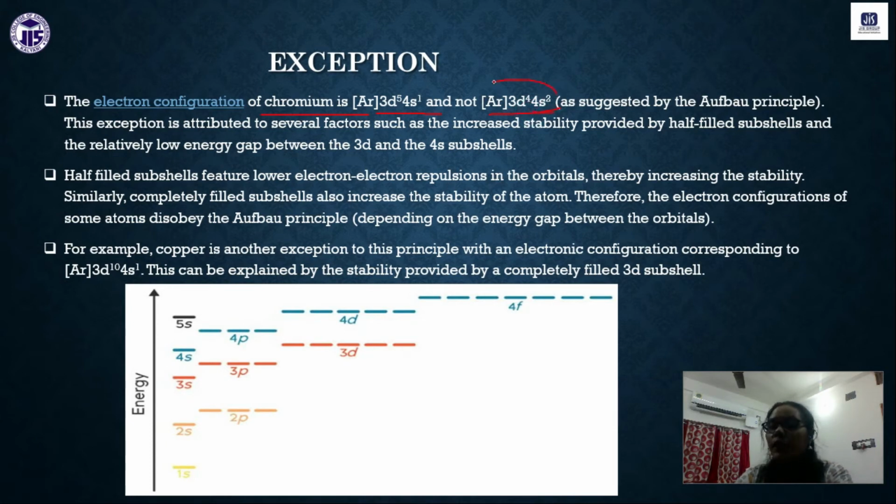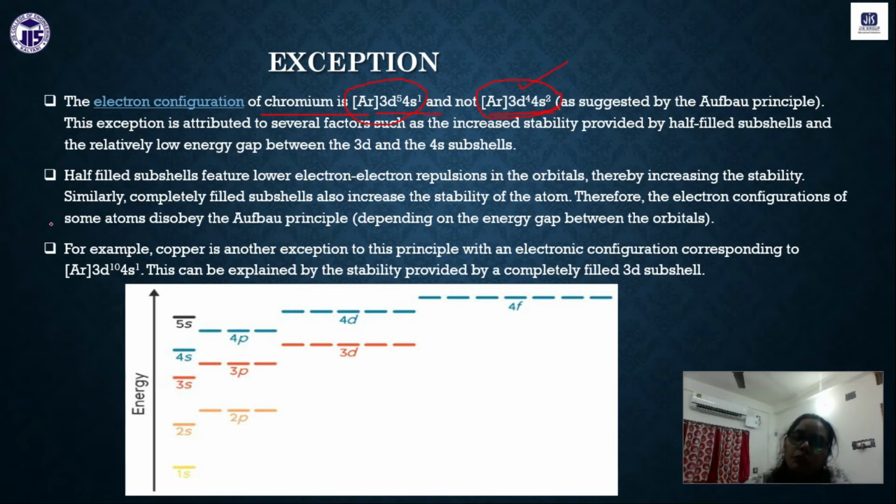This is the total number of electrons for chromium, according to the atomic number. But actually you can see that chromium has the electronic configuration argon 3d5 4s1. Why?